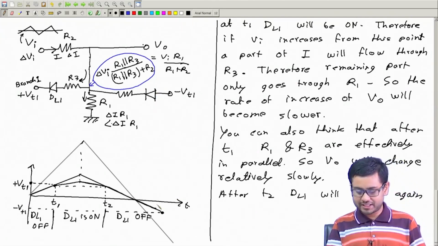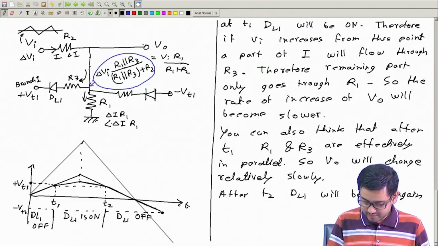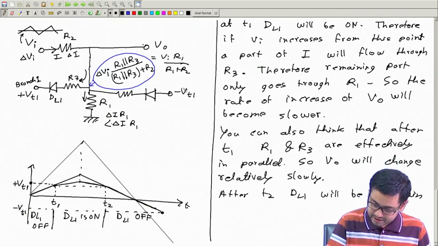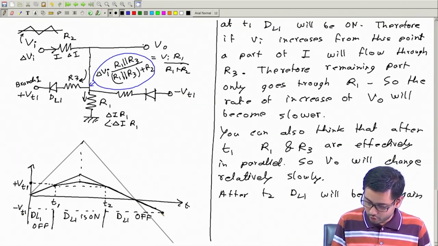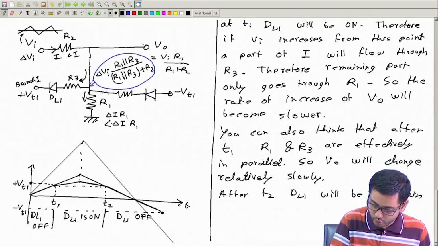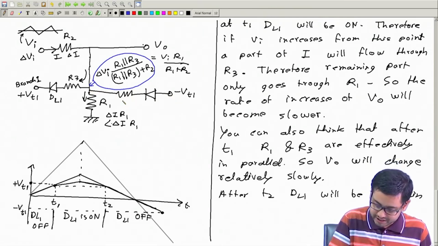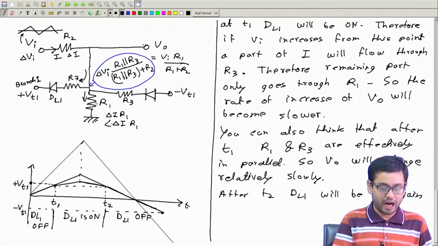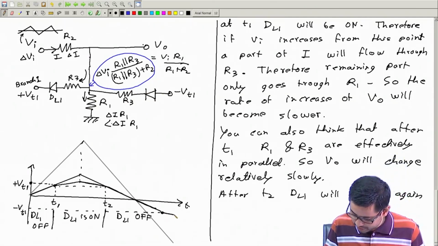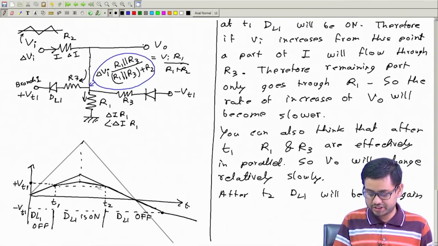So now we can analyze. You see, when this voltage is going down, and if it goes below this threshold VT1, this is negative. If this goes below this value, then this is lower, this is higher, and this diode will be on. This I will take as R3, and then once again this R3 will come in parallel with R1 effectively, and therefore it will now go slower like this, just as it was here. Okay.